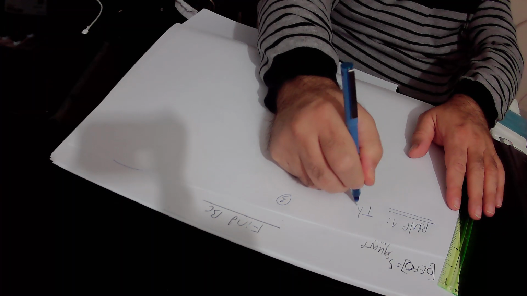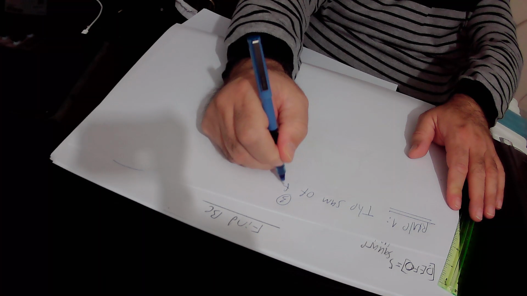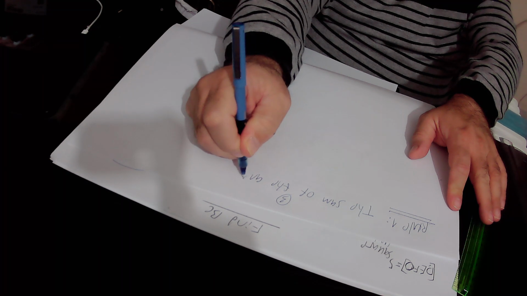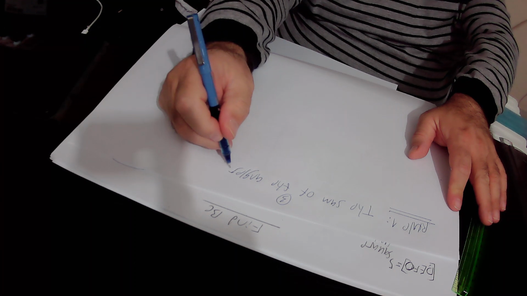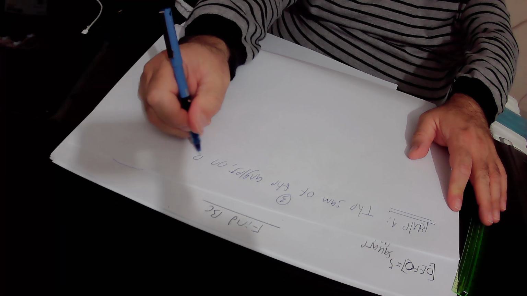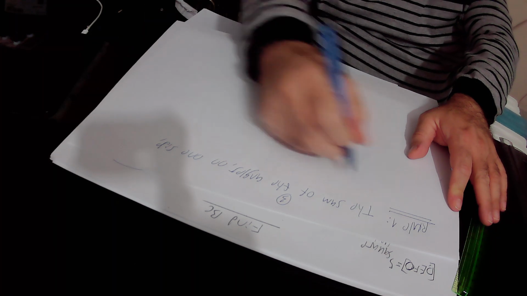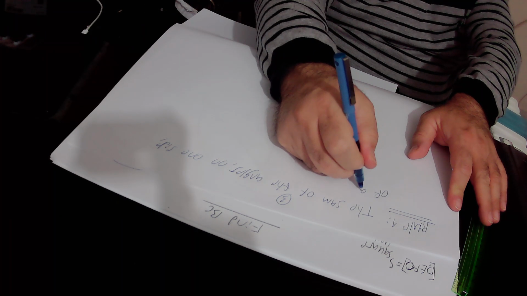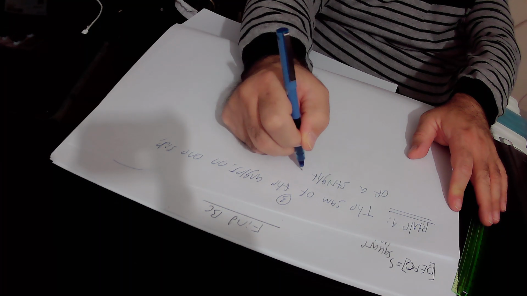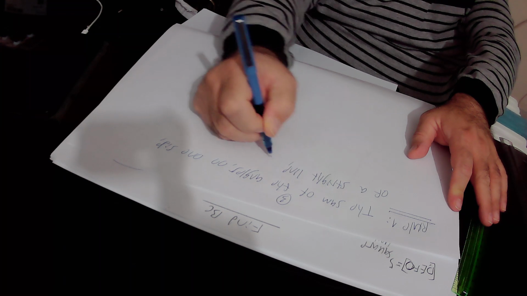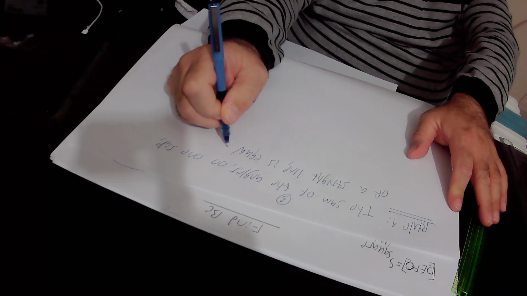I write it down: the sum of the angles on one side of a straight line is equal to 180 degrees.